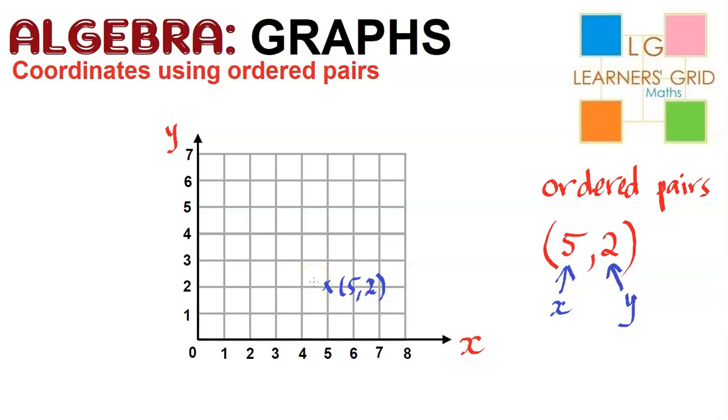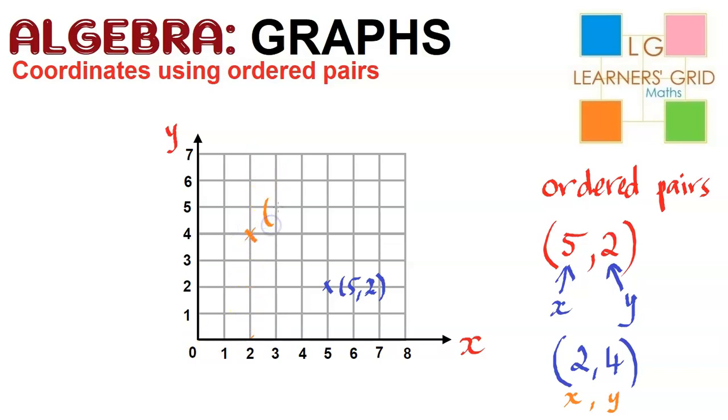If I had another ordered pair, let's just say I had 2, 4. Again, just be sure that you know which one comes first. You always have to go along the x-axis, and then you go along the y-axis. So 2, 4, I would start with 2 and then up to 4, which would take me to here.